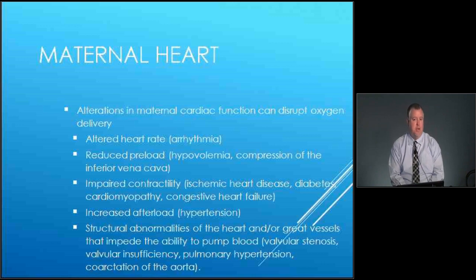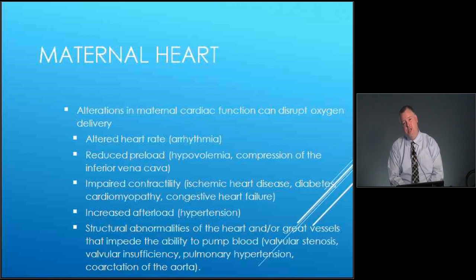Also, she may have severe valvular insufficiency, where the valve prolapses or causes regurgitation. That may impact the ability for the heart to appropriately pump blood out to the body systems.